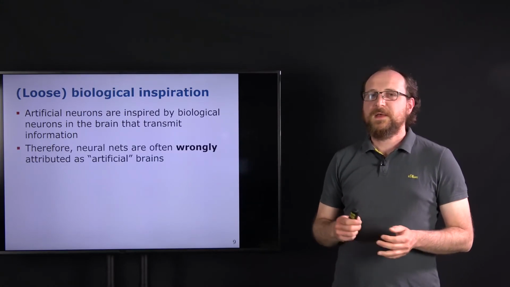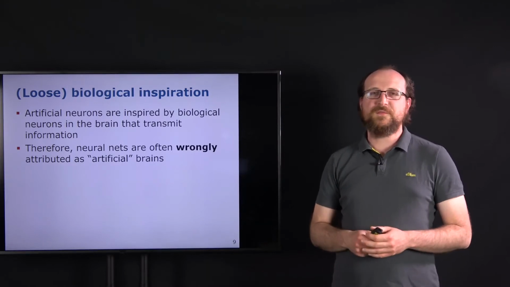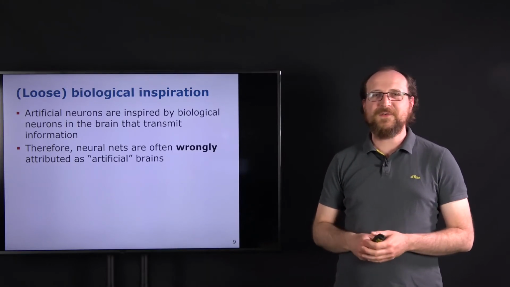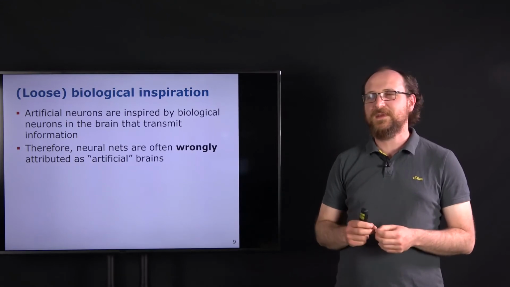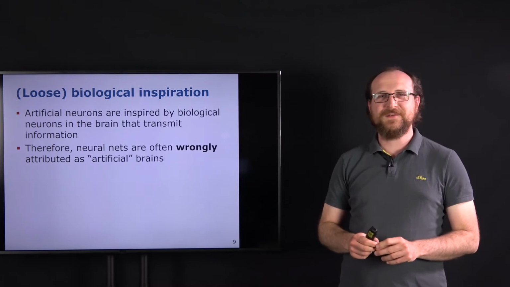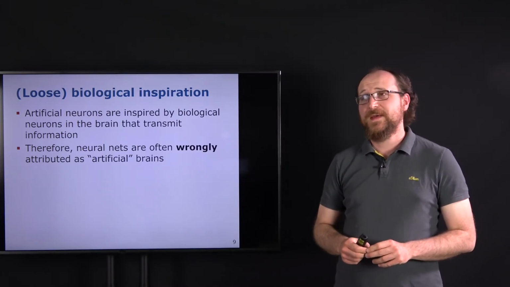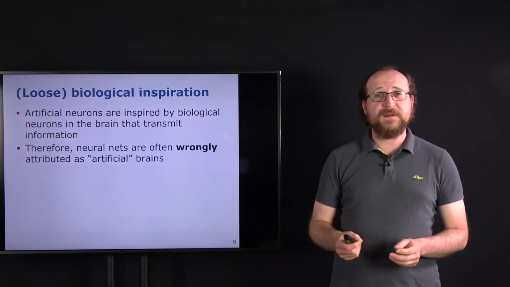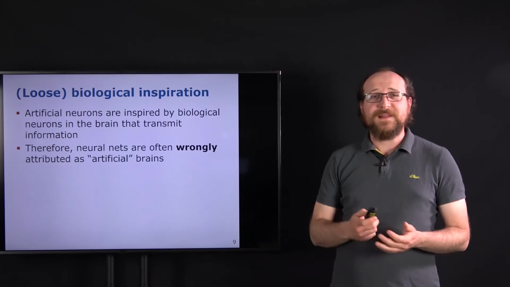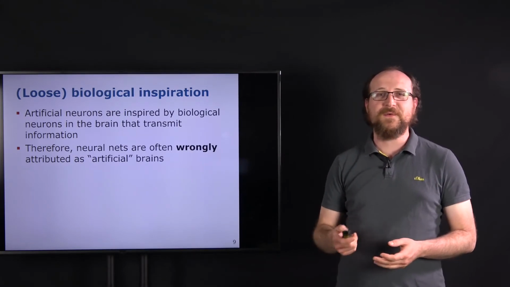Therefore, neural nets are often wrongly attributed as artificial brains in the end. They're a simulation of the brain, but this is a disclaimer that you will find in most lectures in the beginning when they are talking about neural networks and convolutional neural networks, that it's maybe inspired, but it's not like the brain. We are not close to modeling the brain in the way that it works.